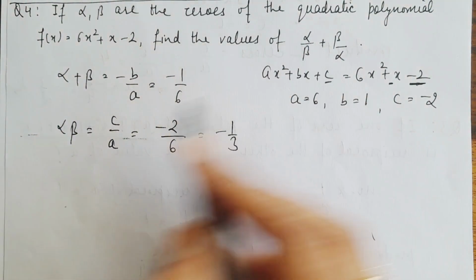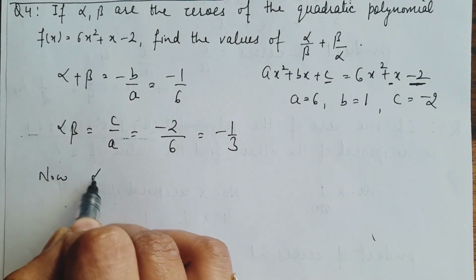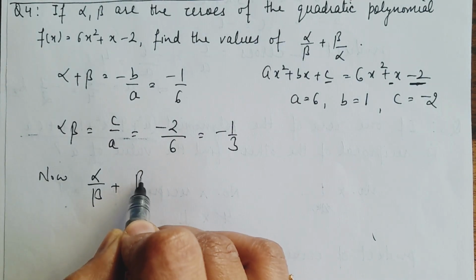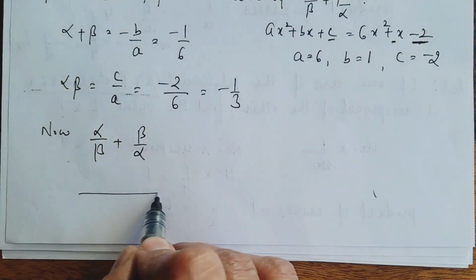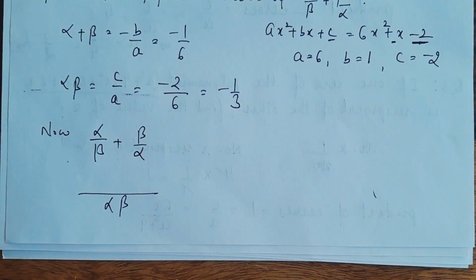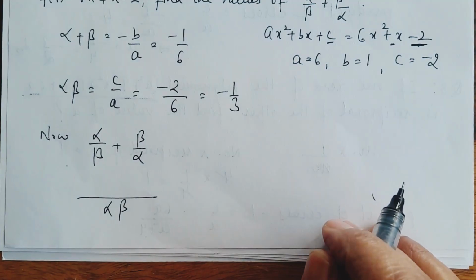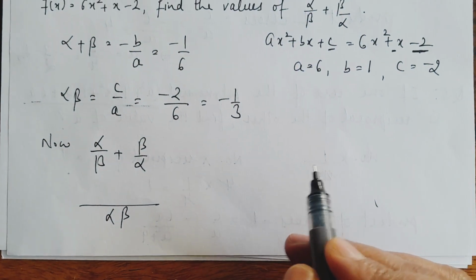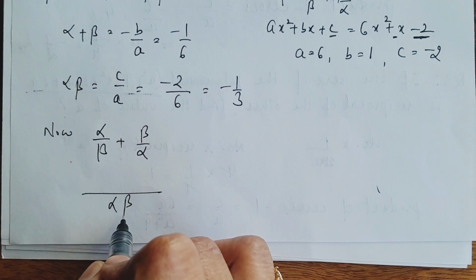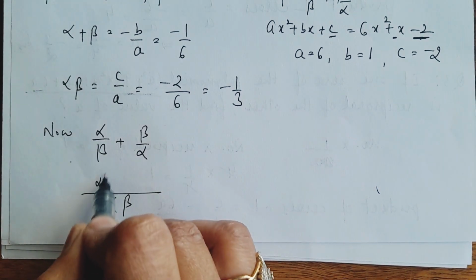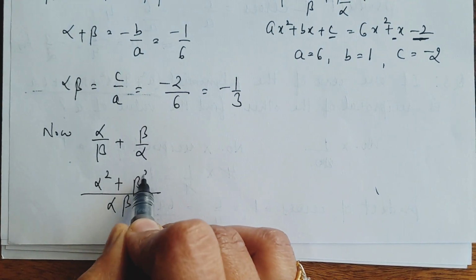We have to find now the value of alpha by beta plus beta by alpha. Nothing is given, so we can take the LCM here. Alpha beta will be the LCM. If we divide it by beta we will get alpha, so it will become alpha square and this is beta square.